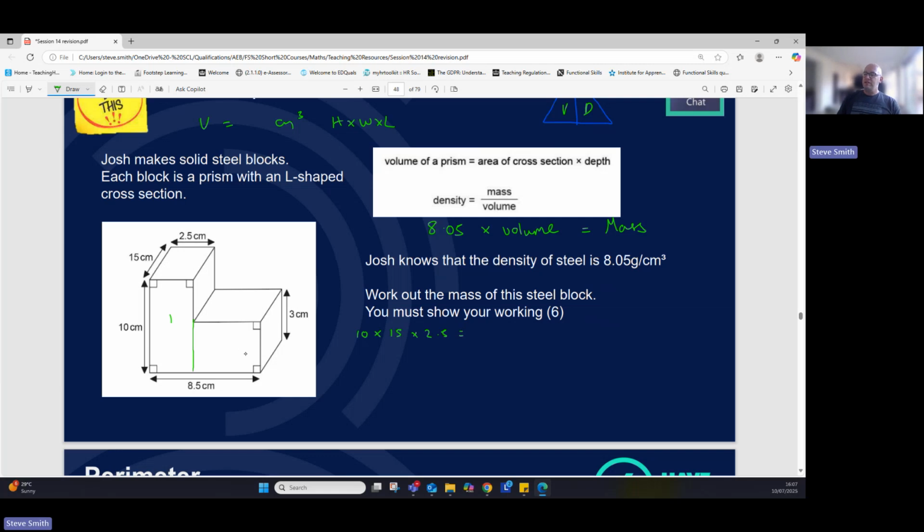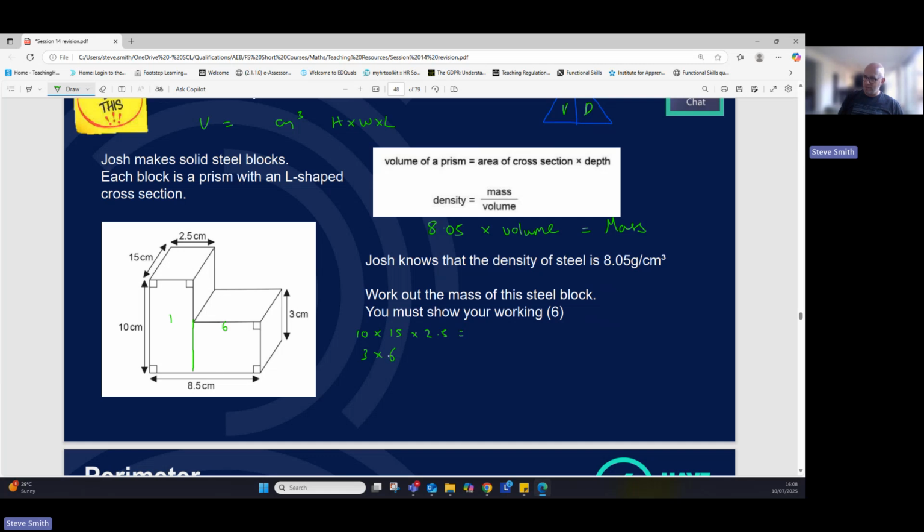With this one, it's not as simple because there are some measurements missing. We can see that one is definitely 3, so we can put that in already, because it doesn't matter which way around the measurements go. Then we've got one to work out here. We can see it's 8.5 all the way along, however it's only 2.5 to there. So that makes this one 6, because 6 and 2.5 is 8.5.